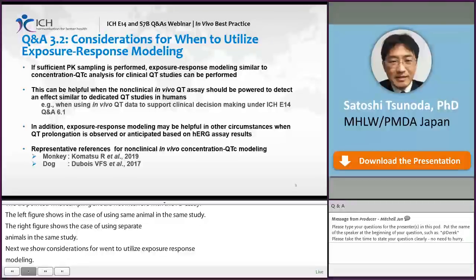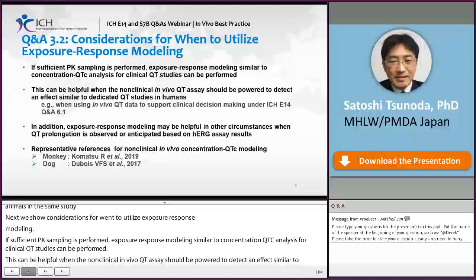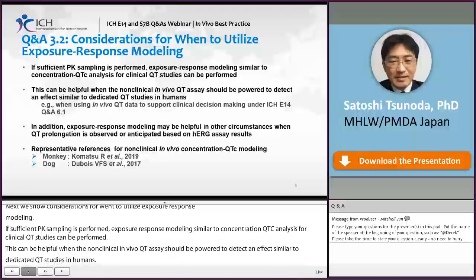This can be helpful when the non-clinical in vivo QT assay should be powered to detect an effect similar to dedicated QT studies in humans. For example, when using in vivo QT data to support clinical decision-making under the ICH E14 Q&A 6.1.